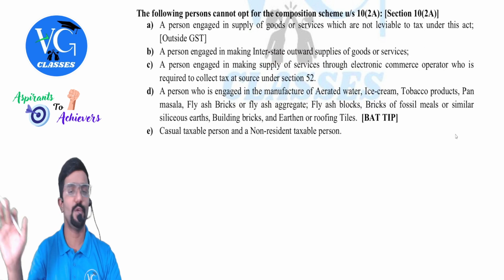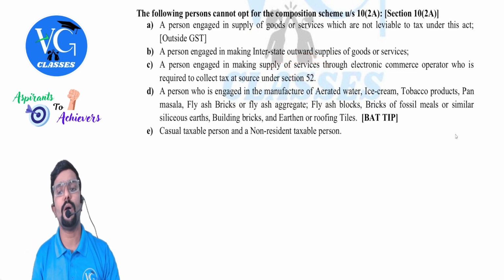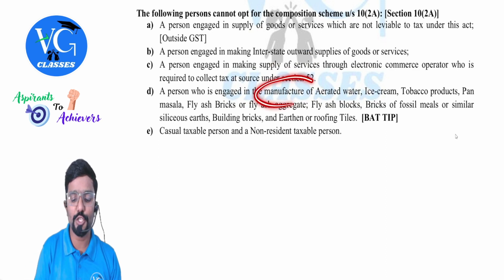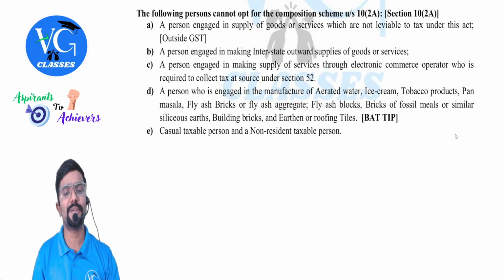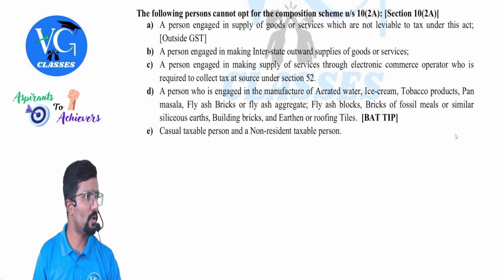That is, outside the state, you cannot supply. Then a person who is engaged in making supply of services through an electronic commerce operator who is required to collect tax at source under section 52. Then a person who is the manufacturer of ice cream, pan masala or tobacco. Last one, casual taxable person and non-resident taxable person, guys. Copy paste of the list.